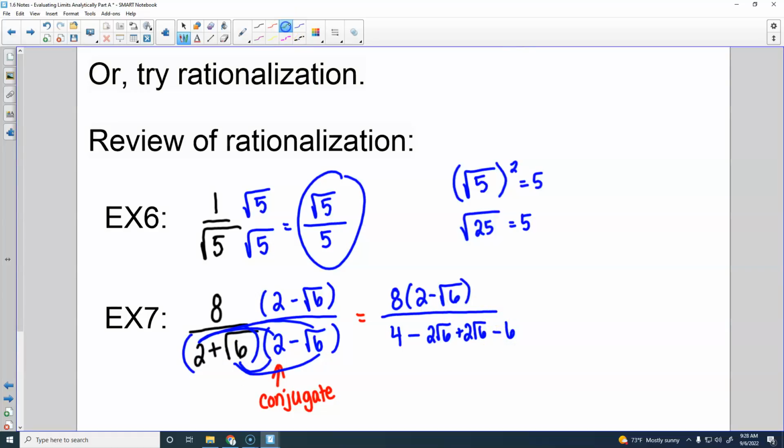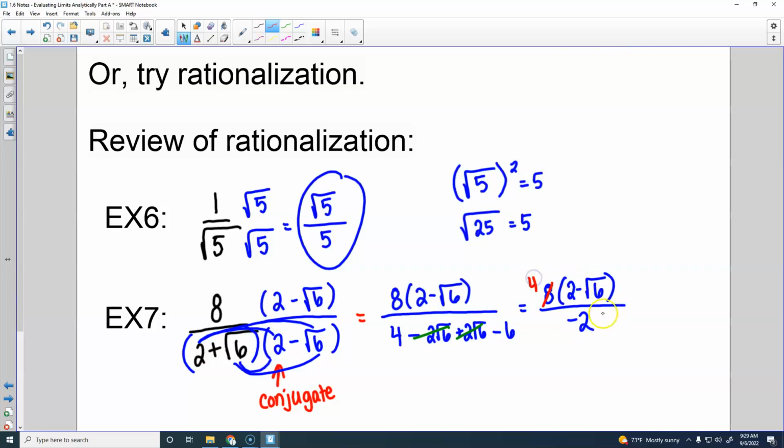And so what happens here is those middle terms are going to cancel out. So you'll probably find yourself just skipping that middle part. So we've got 8 times 2 minus square root of 6 over 4 minus 6, which is going to give us negative 2. And on this particular one, it would be helpful to keep it factored out like this, because that 8 and that negative 2 can reduce.